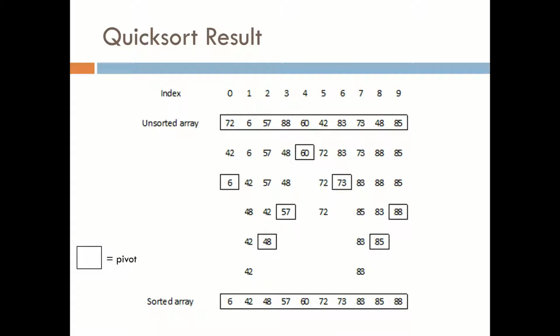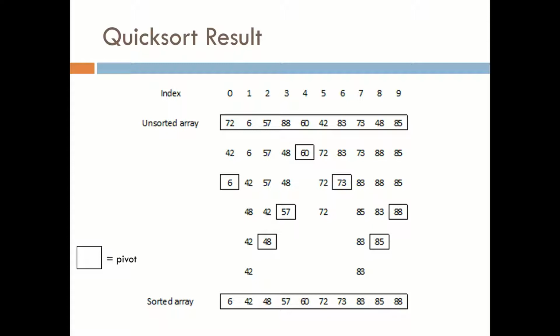If we take a look at this example, and we will work through this entire example, the boxes that you see on the example are the selections for the pivot. You notice that 60 is picked as our first pivot, and it's actually a pretty good pivot. It's almost halfway through the list. When we are through with that pass, everything that is less than 60 in the array will end up to its left.